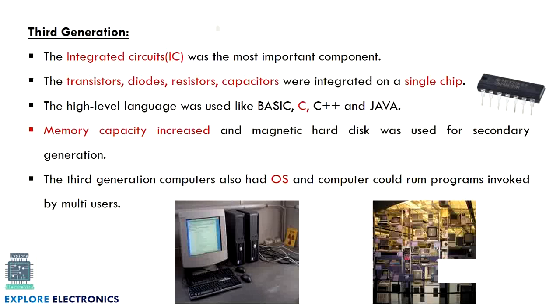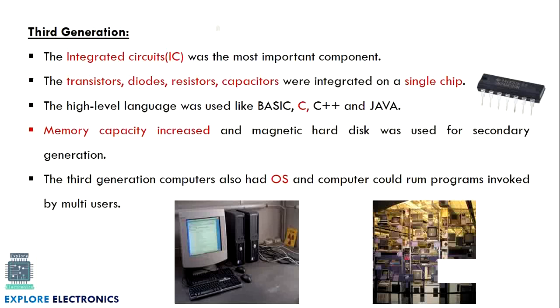In the third generation of computers, integrated circuits, ICs, came into picture. That is, transistors, diodes, resistors, capacitors, all such individual components were integrated on a single chip. Thereby, it reduced the space occupied for these components and the size of the computers automatically reduced.